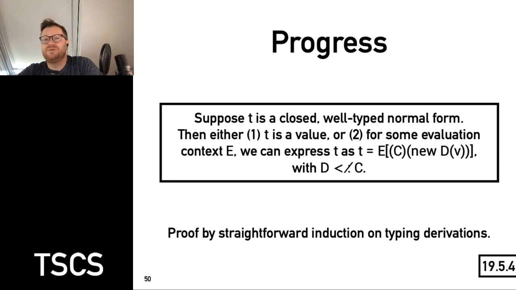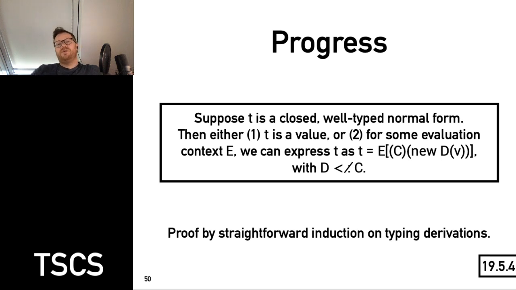I am sparing you this proof because it's quite lengthy and the educational value is a little bit low, but I do want you to see the trick that they did with these evaluation contexts. That they can define progress in a way that helps them do the proof. The original authors had trouble producing that progress proof with a more straightforward definition, because the syntax of featherweight Java was not helping in any way to do that proof.